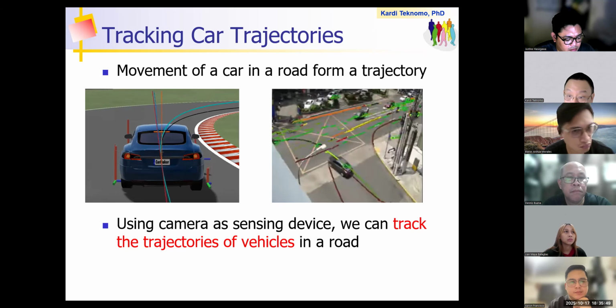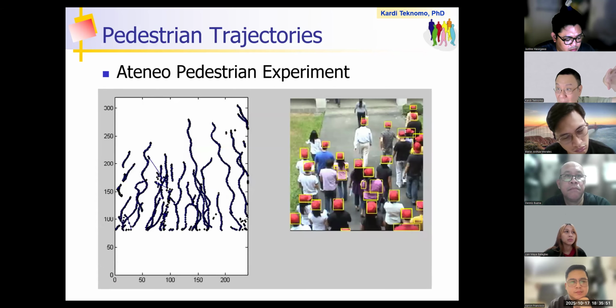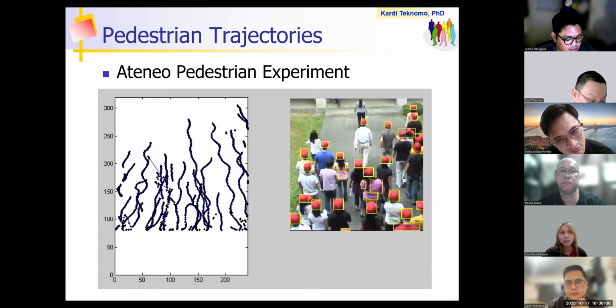And again, this is in Ateneo. This is me. I put the students there, about 200 student volunteers in one activity time. So we do pedestrian experiments on the campus.